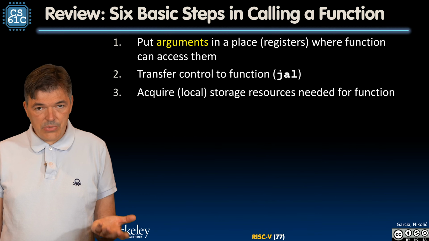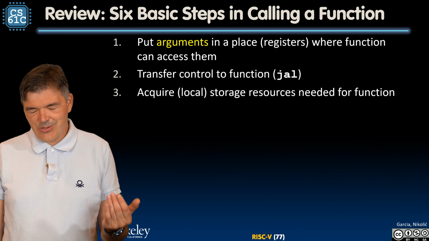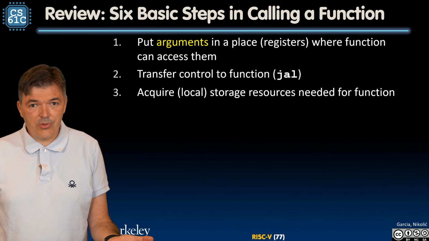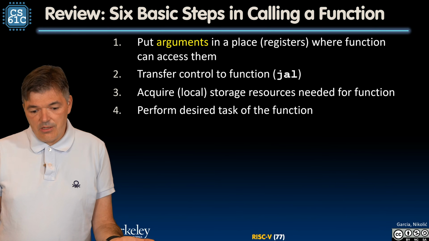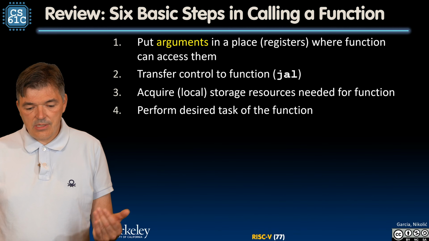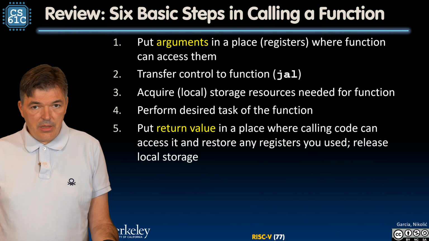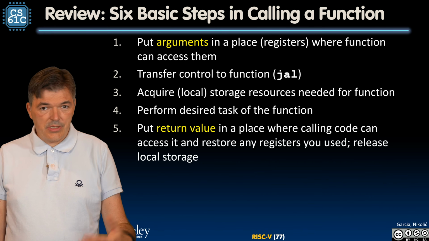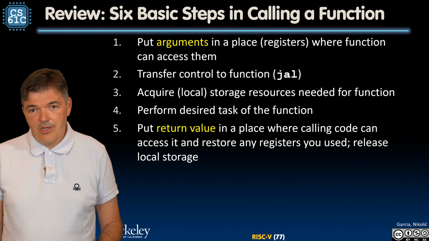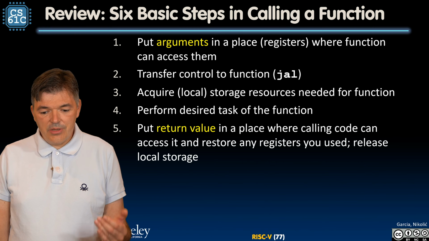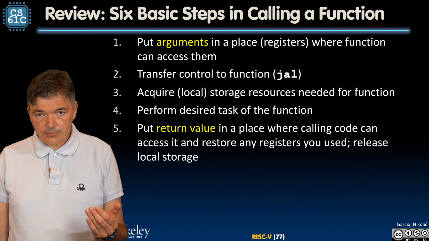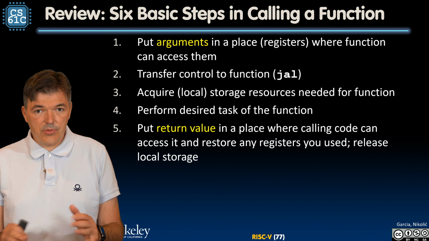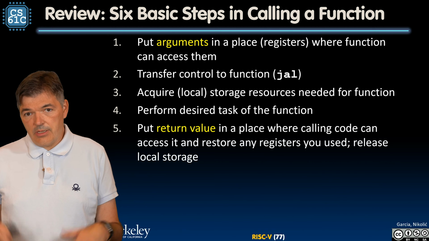Then the function will acquire the local storage resources that it needs to execute what it needs to do. Then it will do its desired set of tasks, and then it needs to clean up. So it will put the return value in the register that has been agreed upon, and then it will restore all the values of the variables that were in the processor before the function call, and clean up everything else.